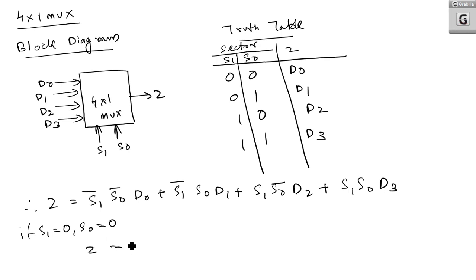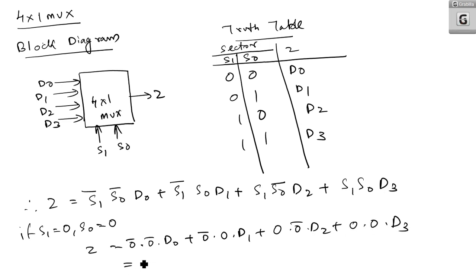Z is equal to 0 bar dot 0 bar dot D0, or 0 bar dot 0 dot D1, or 0 dot 0 bar dot D2, or 0 dot 0 dot D3. So what will be the result? It will be D0 only. Similarly, you can take the case of D1, D2, and D3. I am not writing all the cases, but that is already evident from the truth table.